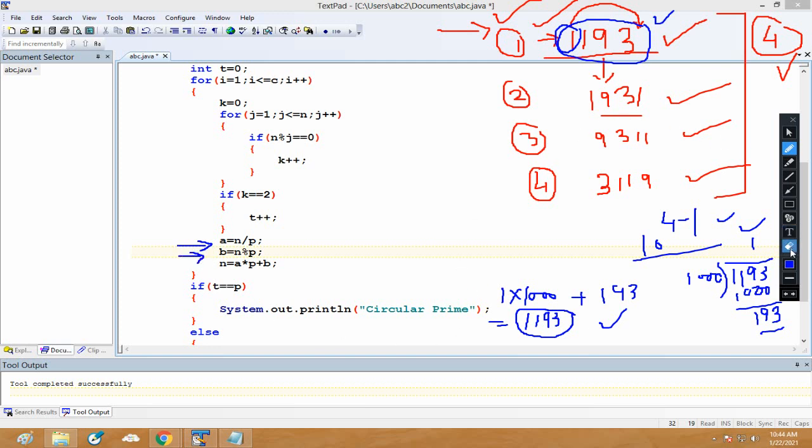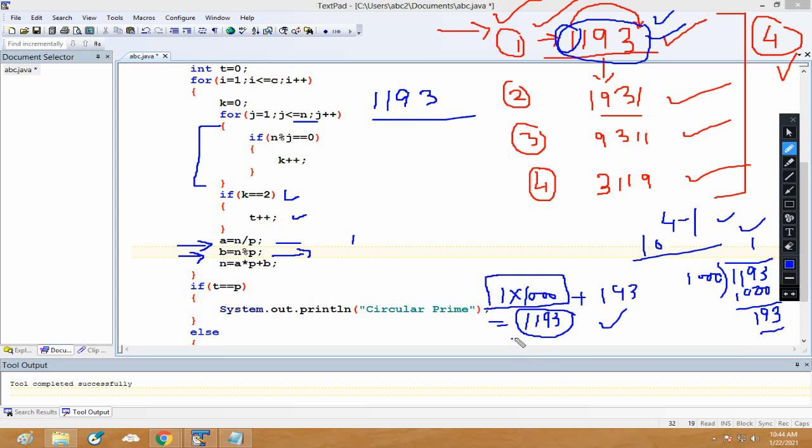See, the number which we have entered, first of all we are checking for prime, and if it is prime we are simply counting. First time the number was 1193, and now we are extracting the first digit in this part, and from here we are getting the last 3 digits in this case, and then the first digit multiplied by the power, that is 10 to the power number of digits minus 1, that is 3.